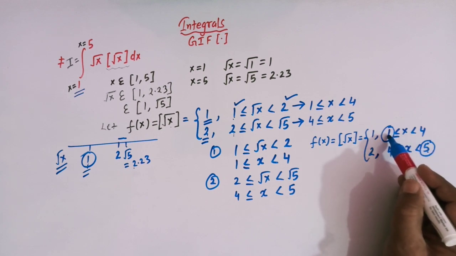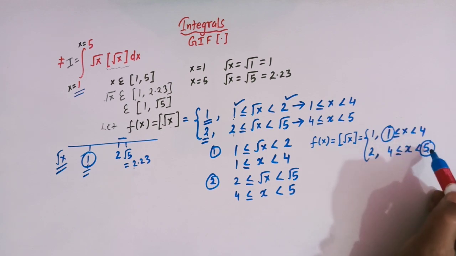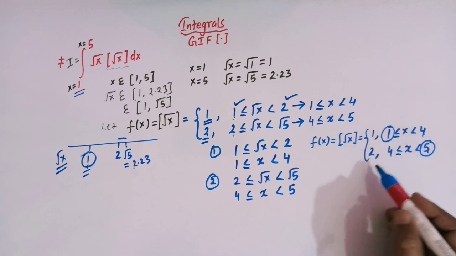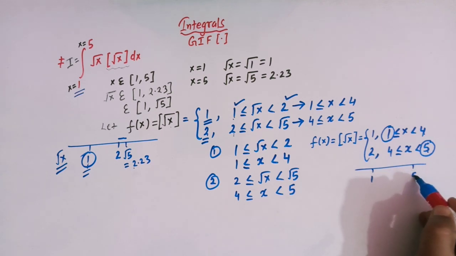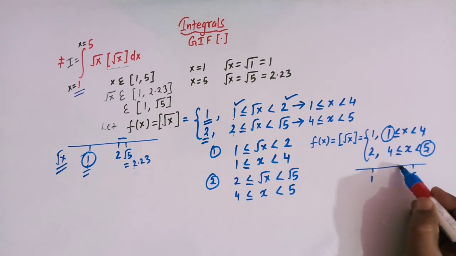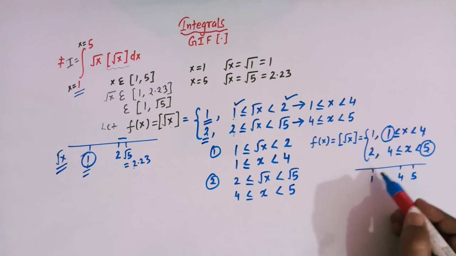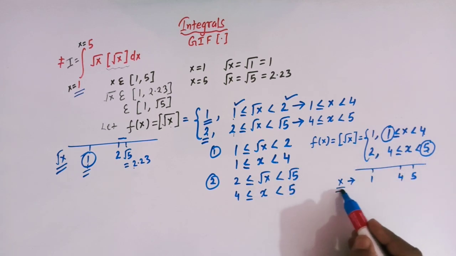So the intermediate point between 1 and 5 is 4, right? So if we now plot these points here, this is 1, this is say 5, and between 1 and 5 we have 4. So this representation is corresponding to x.